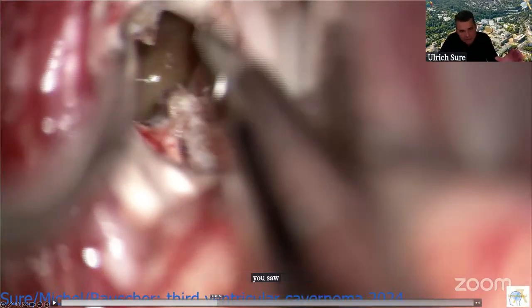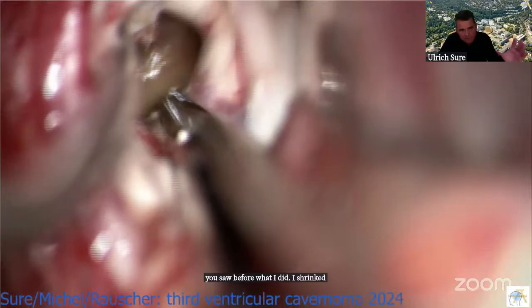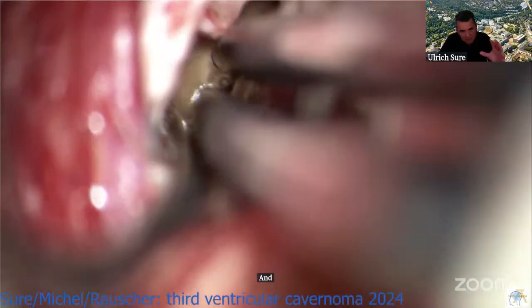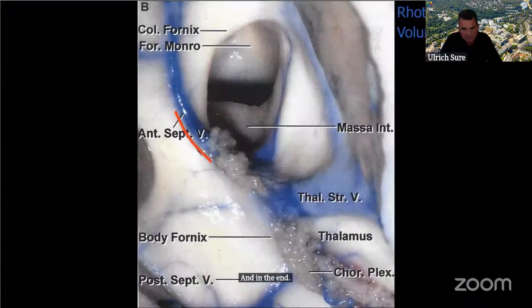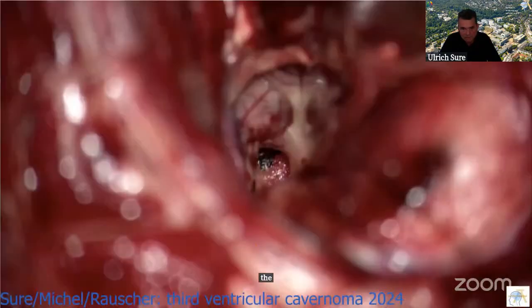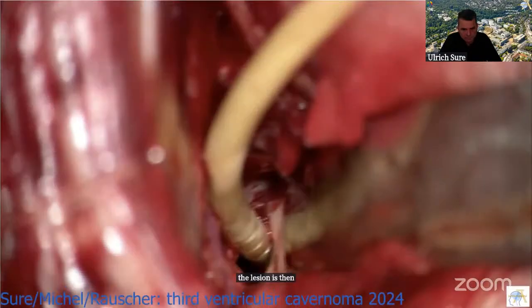I shrank it, I pulled on it, and I pulled it into the cavity. Yeah, and in the end, the lesion is then gone.